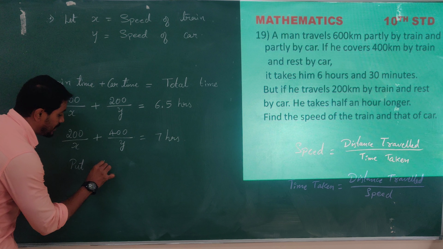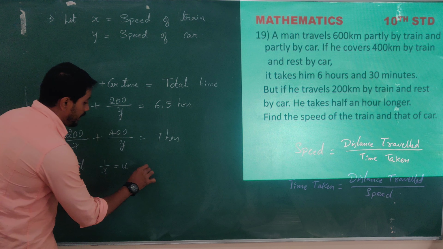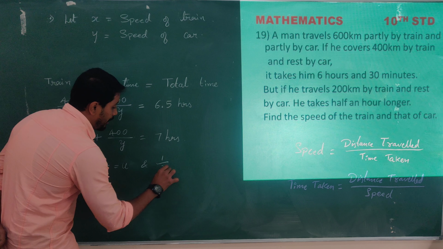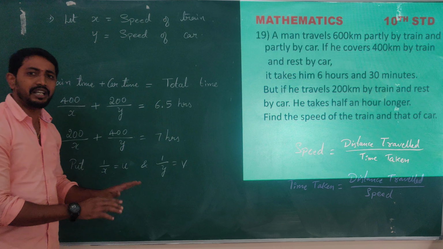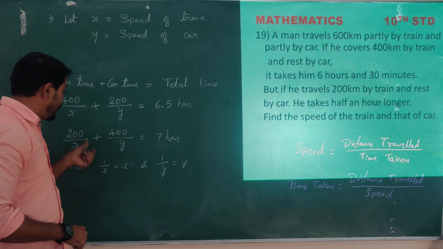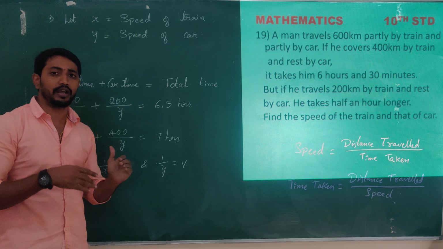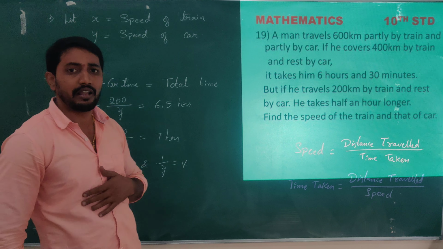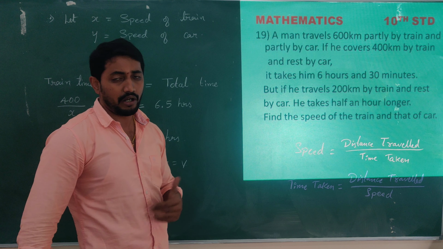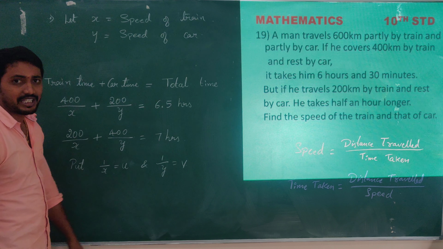That rearrangement is 1 by x can be written as u and 1 by y can be written as v. To make our calculation simple, we are reducing this equation in terms of u and v. But at last, in the final equation, we are going to find the values of x and y only, not u and v. By considering u and v as variables, we are going to solve this equation.